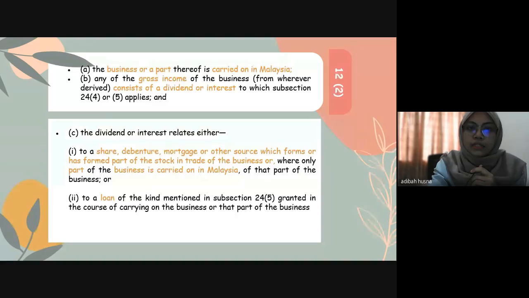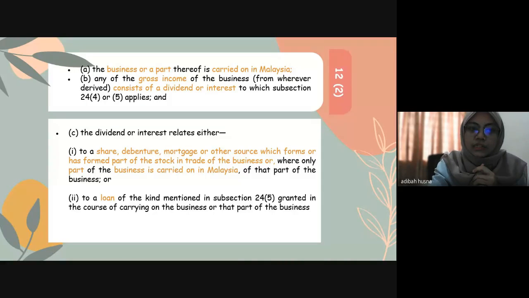B, any of the gross income of the business, from whatever derived, consists of dividend or interest to which subsection 24(4) or (5) applies. Subsection 24(4) or (5) is actually about the basis period in determining the dividend and interest for the relevant period.